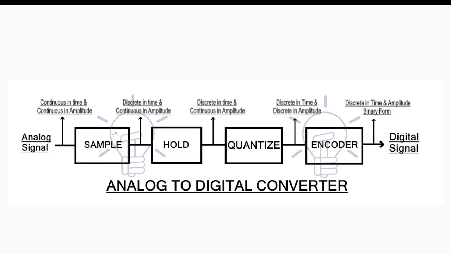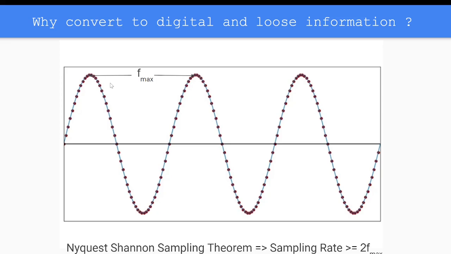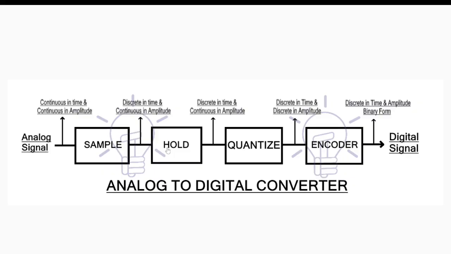Okay, so what does it mean by sample? Maybe in the next slide I'll show you this. So this means a sample. Okay, so the first thing is that the circuitry samples the signal, like all these dots are basically the circuit sampling it. Okay, then the next stage is to hold that sample.